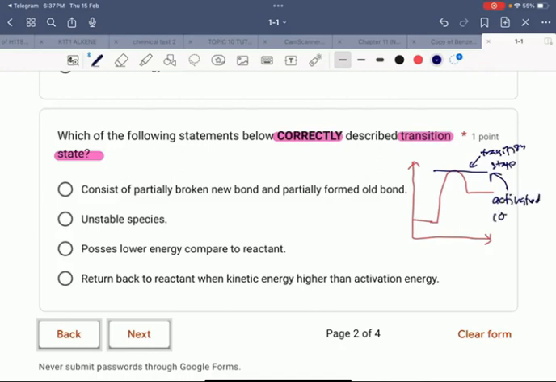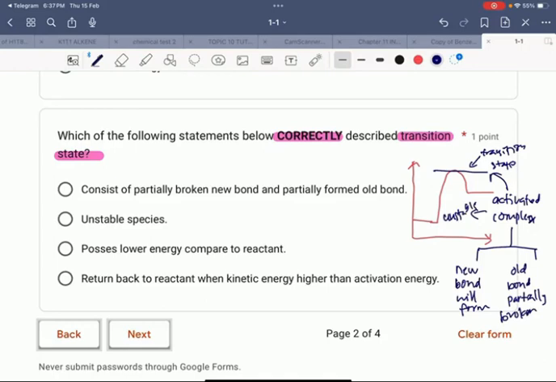The activated complex will form. At the activated complex, the new bond will form and the old bond is partially broken, and this species is unstable.